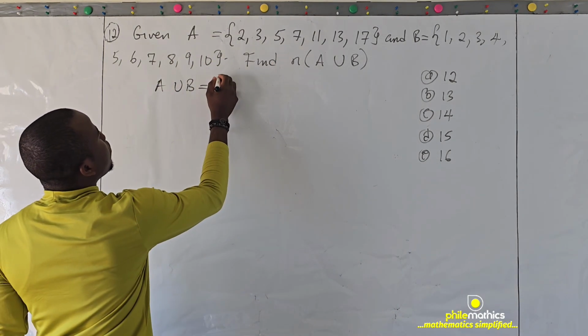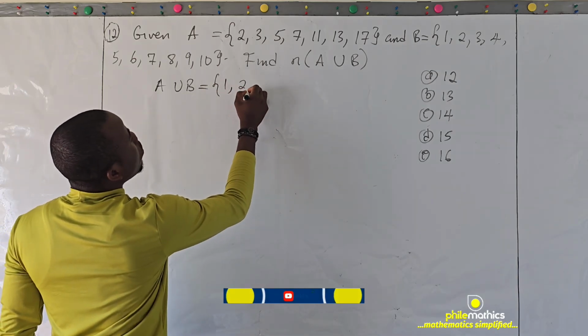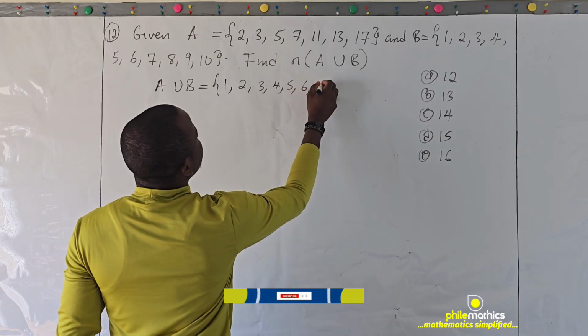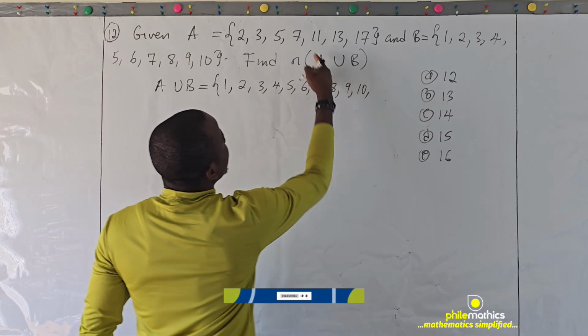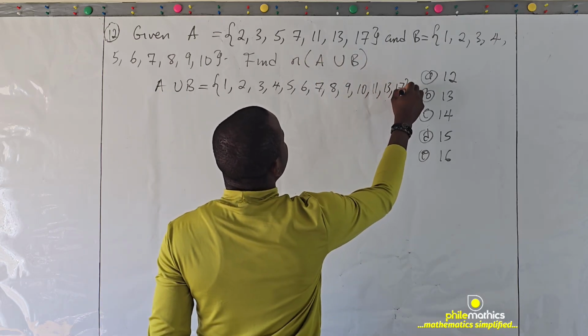So this will be 1, 2, 3, 4, 5, 6, 7, 8, 9, 10, 11, 13, 17.